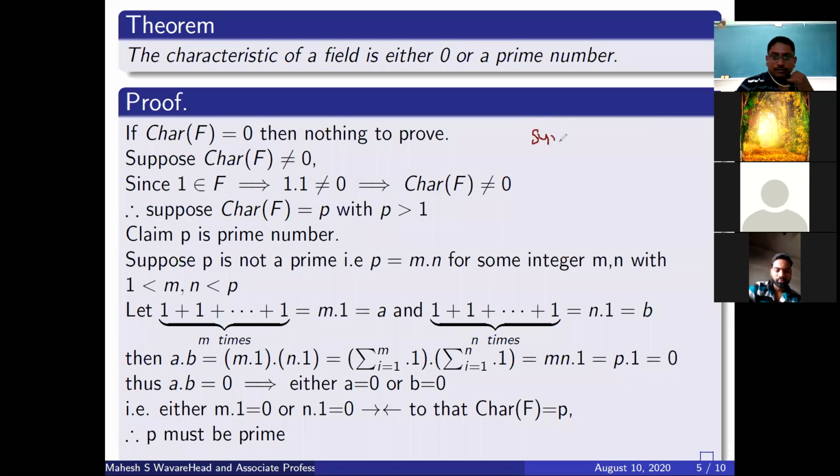Suppose the characteristic of F is p, and it is greater than 1. Why it is greater than 1, we have explained here. And now our target is to show that p is prime. Better I will use the journal notes here to write this.